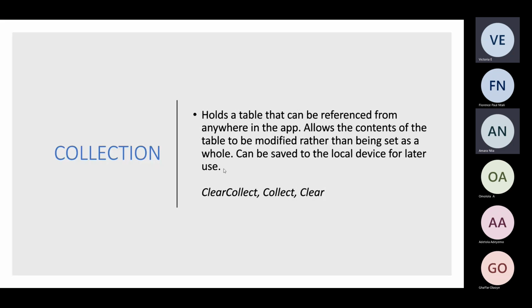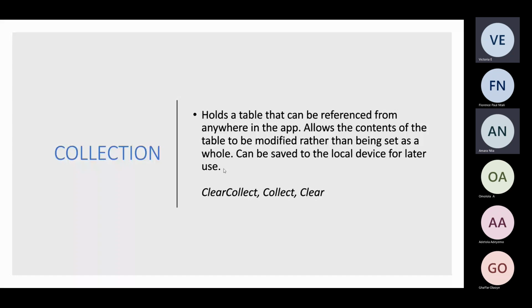It allows the content of the table to be modified rather than be set as a whole. So at some point, you can modify a collection, and we do that using ClearCollect. When you say ClearCollect, you are saying clear what's inside this collection right now and add the value I want to add. When you use Collect, you don't want to clear. At that point, you are saying add this current value to the collection. You might have declared the collection at the beginning of the app, and you want to update the values.